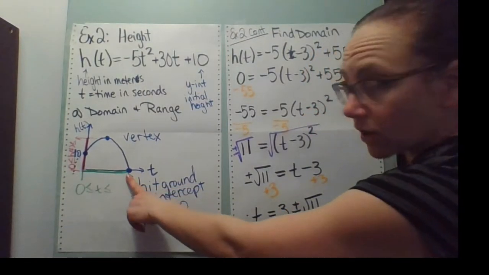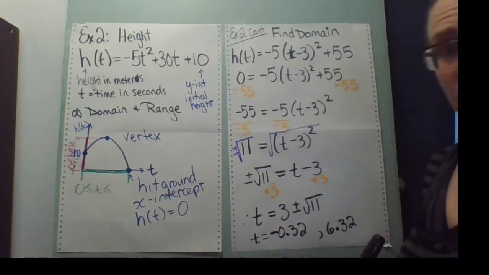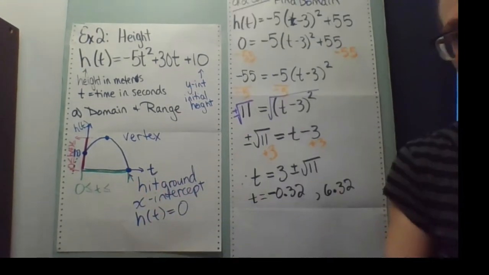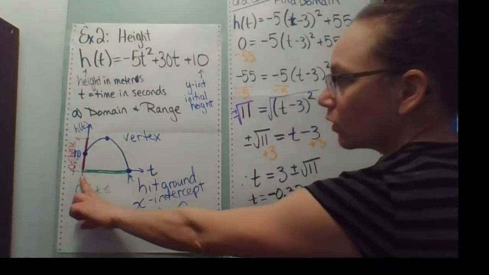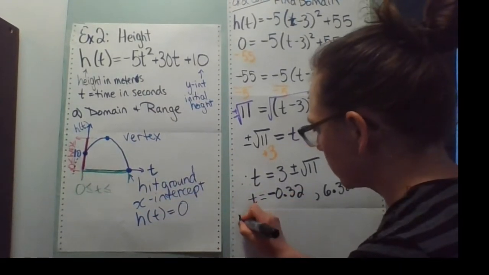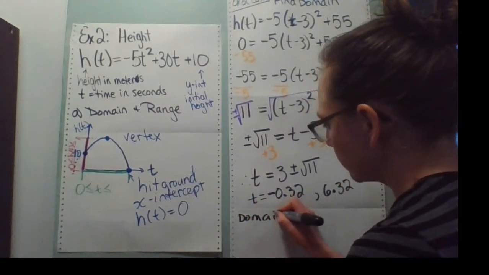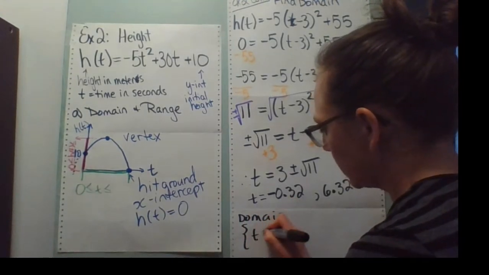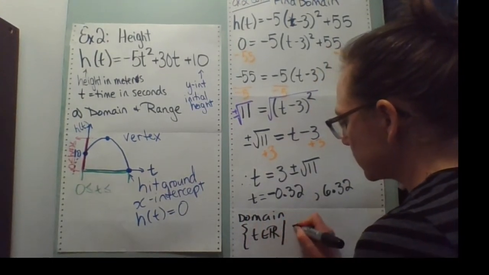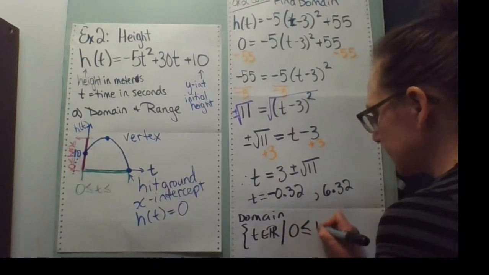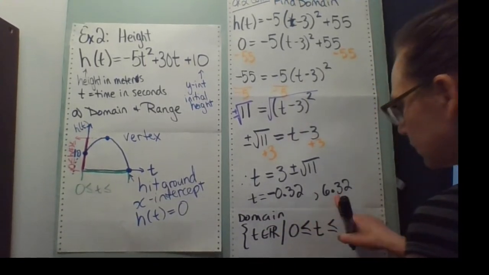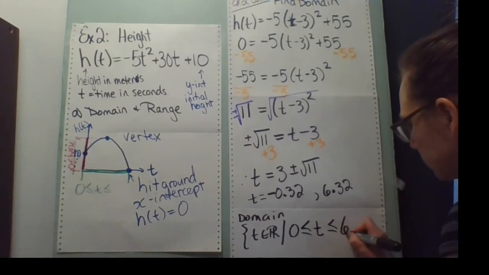We want the positive, that's here. So now we know our domain. So our domain, well, we have to start at 0. Okay. So our domain will be t is any real number such that 0 is less than or equal to t is less than or equal to 6.32.